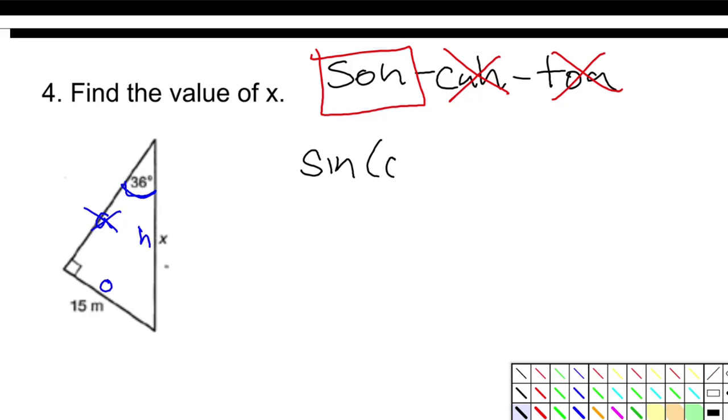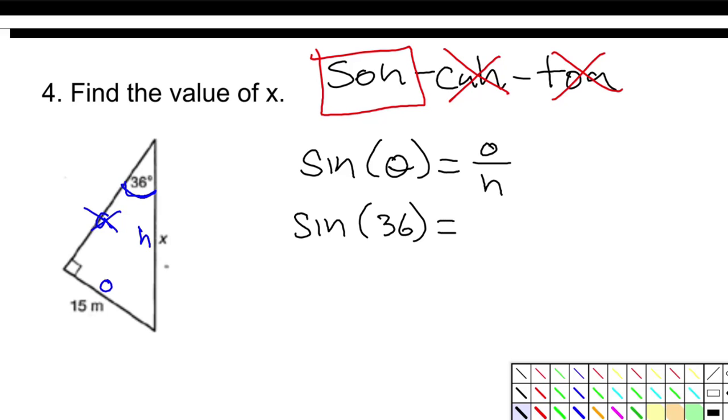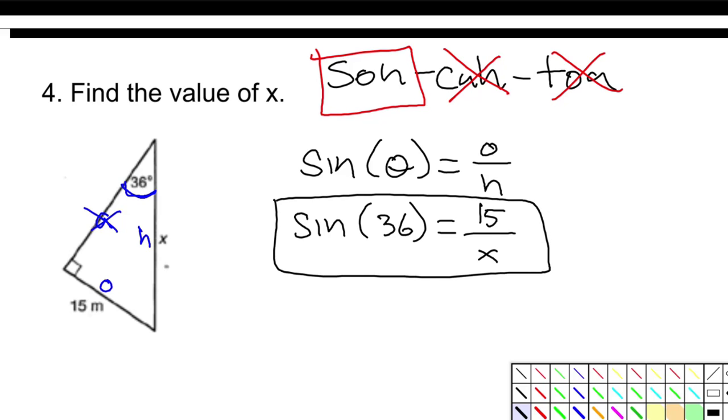So sine of theta is opposite over hypotenuse. You'll start getting faster and faster as you do these problems. So sine of 36 is equal to, opposite is 15 over x. And guess what? GeoGebra, my friend, can you solve this for me, please?